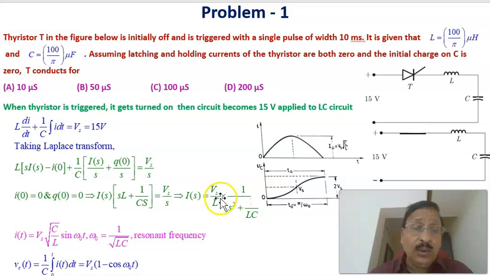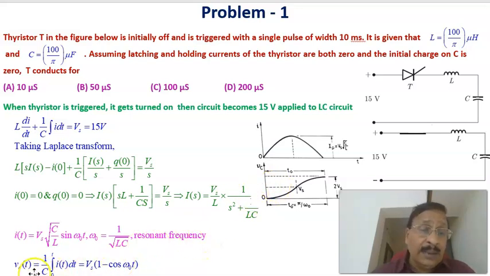And Vs divided by L into omega naught, with omega naught equal to 1 by root of LC, becomes Vs into root of C by L. Therefore, the current becomes Vs into root of C by L sine omega naught t, where omega naught equals 1 by root of LC, the resonant frequency.